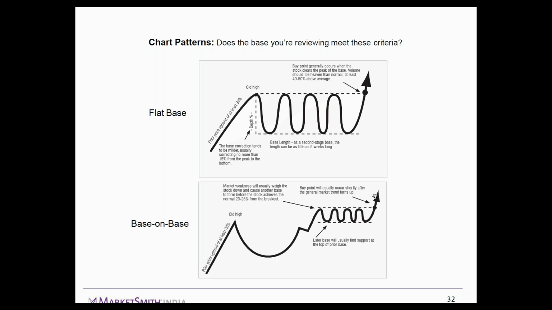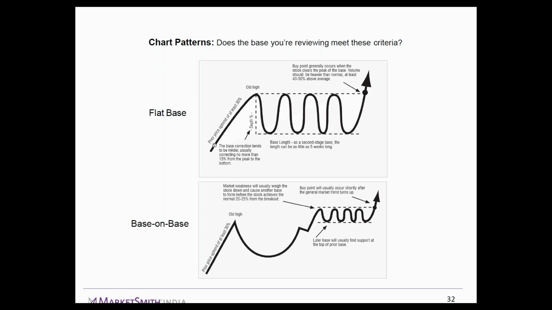So the third base pattern which we'll talk about is the flat base. The flat base is usually made when the stock consolidates for a while. Here again the stock would have a prior price uptrend of at least 30%. This is common in all four bases, all four patterns.